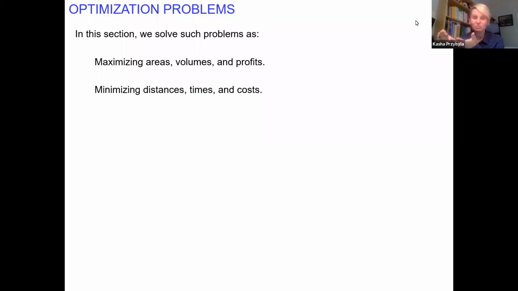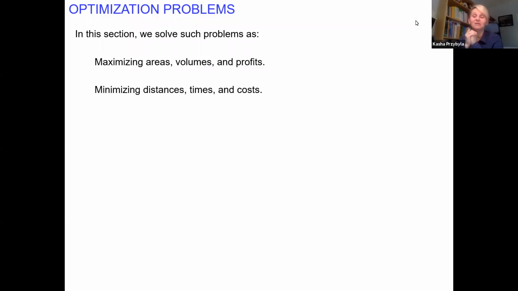And the optimization problems, of course, are word problems. That means, again, the same thing as for related rates. We will see word problems, we have to read, understand everything they're giving us and what they're asking for, put everything together, which means combine them in the equation, in the model, and then solve it.